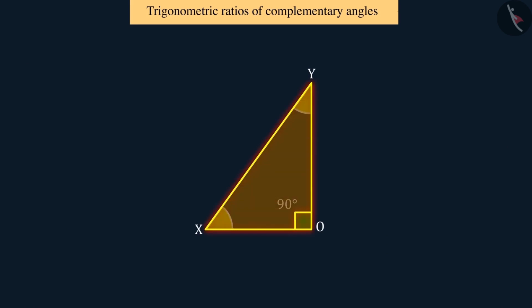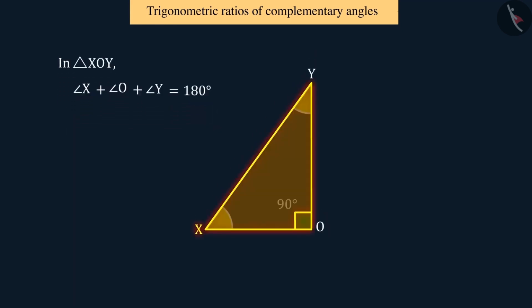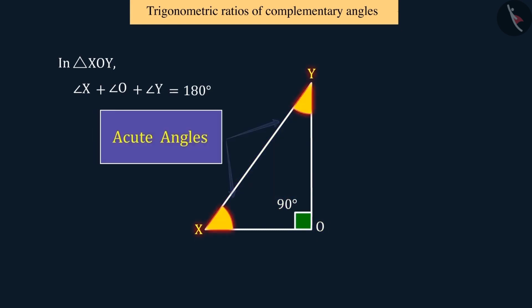Let us now discuss the right-angled triangle XOY. We know that the sum of the three angles of a triangle is 180 degrees. In the triangle XOY, angle O is a right angle and both the remaining angles X and Y are acute angles.